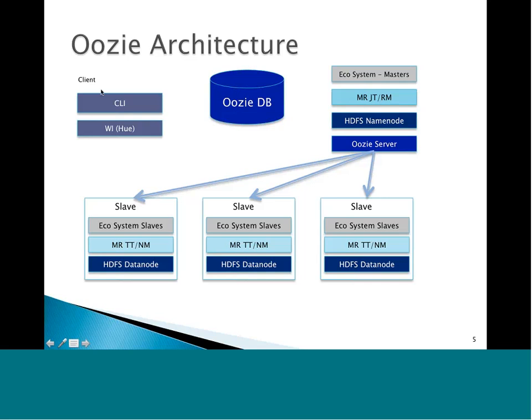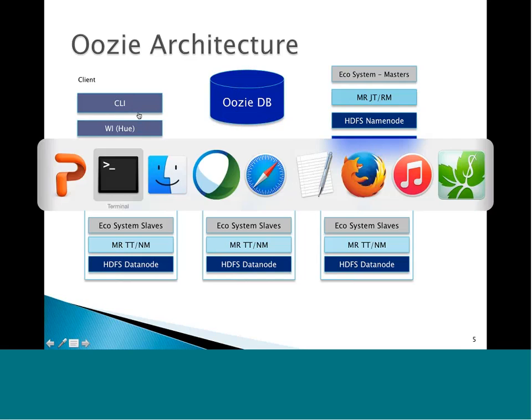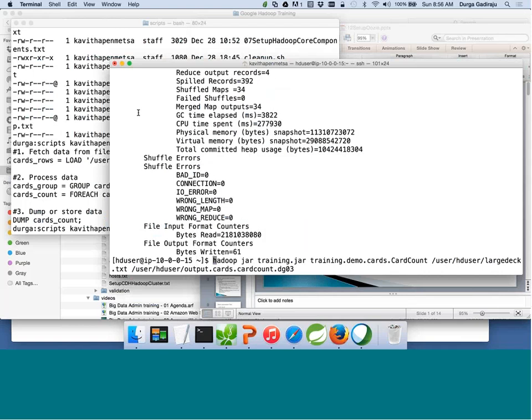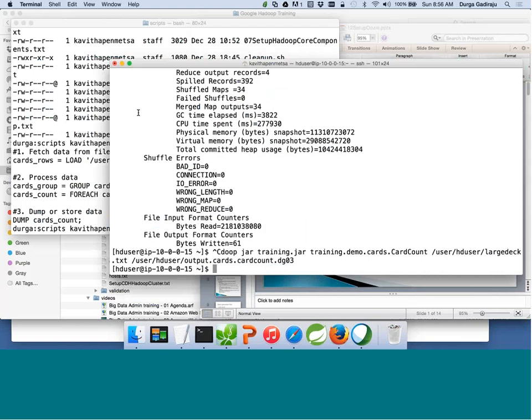Then there will be a command line interface for Oozie, and also a web interface. When it comes to the command line interface, there is nothing like Hive where you can launch a shell. You can just submit the commands and monitor them. So the Oozie command line interface is like hadoop fs or mapred, something like that. It will execute the job and immediately give you back control.